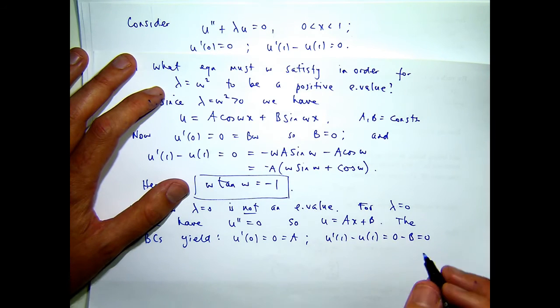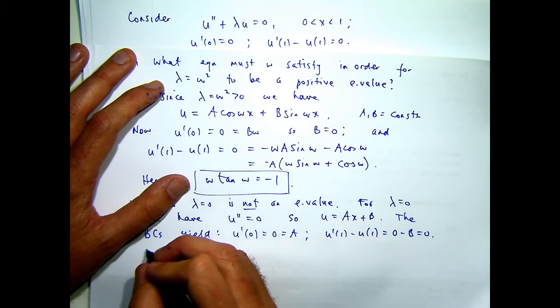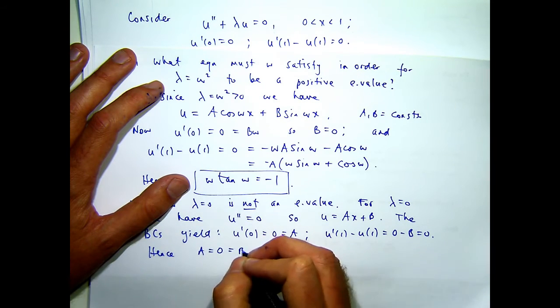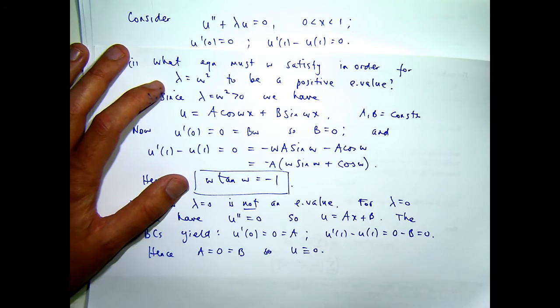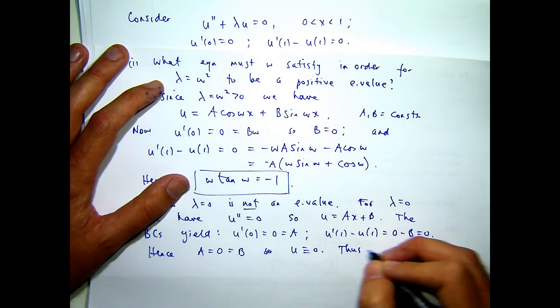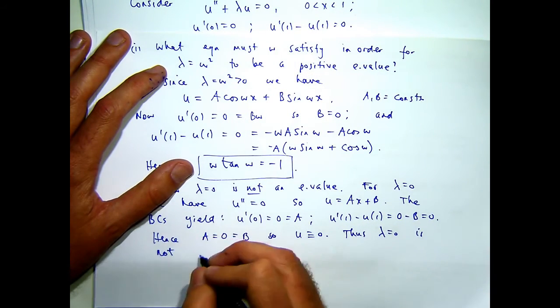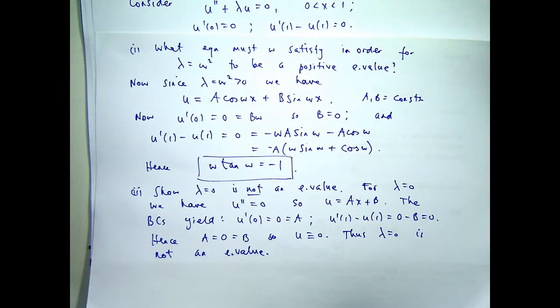Okay, so B equals 0. So we only get the trivial solution. Thus, lambda equals 0 is not an eigenvalue.